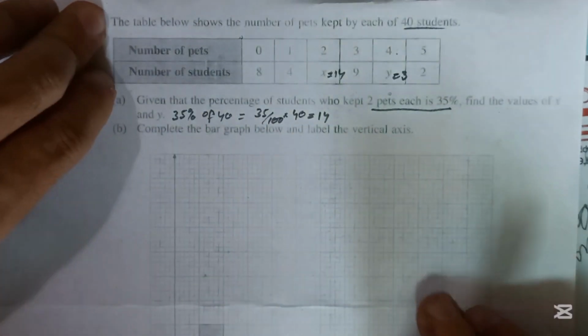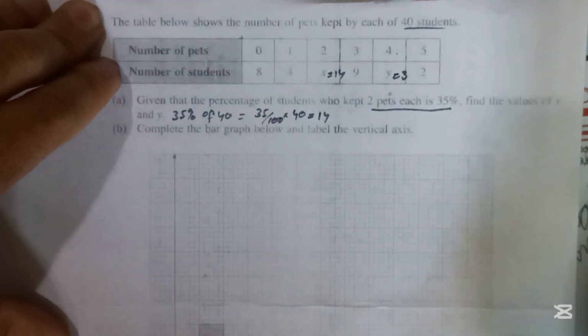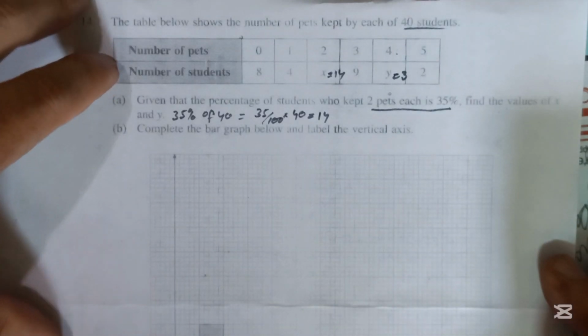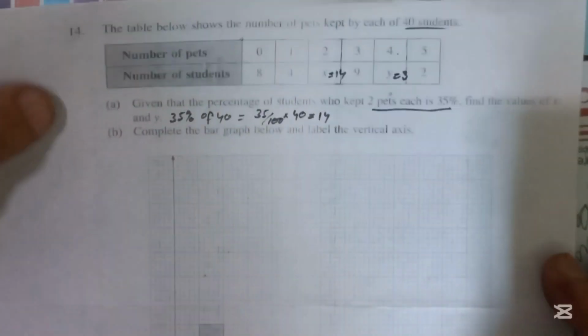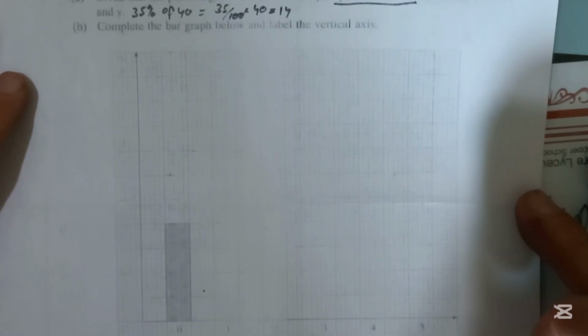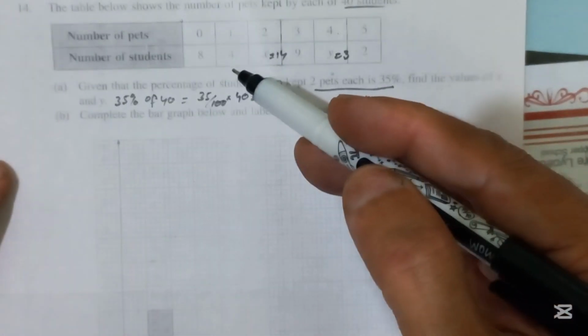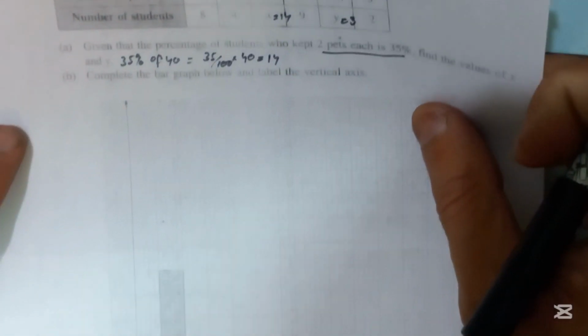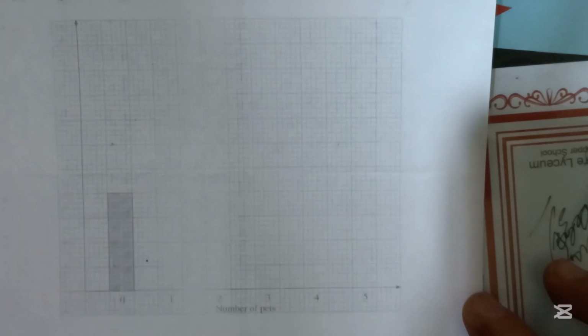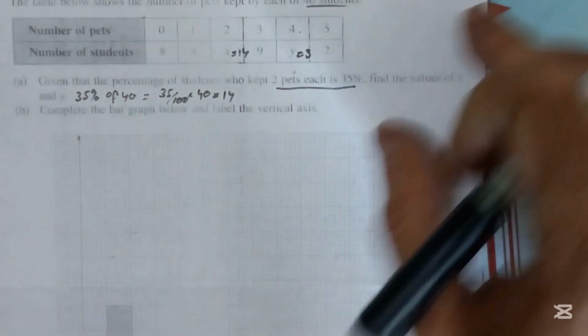Next part is to complete the bar graph below and label the vertical axis. So here is the bar graph, and if you can see, the number of students who have 0 pets is 8. So we will label it here now. Horizontal axis is labeled, but on the vertical axis, 0 pets is representing 8.